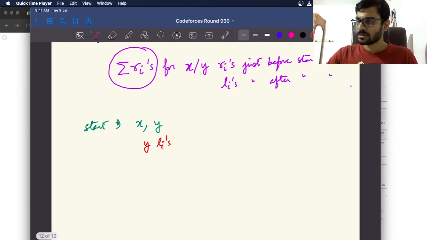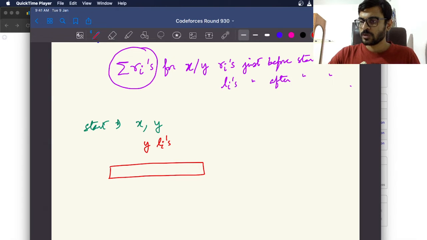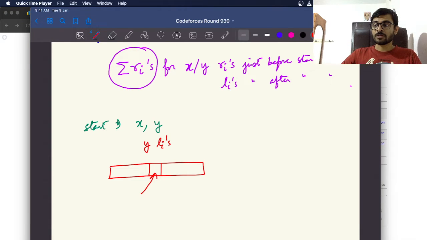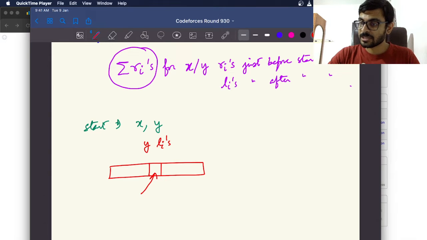So in the prefix sum, I have to find out in that array which location is the first location after my start index. Let's say this is that location which is the first Li after my start index. So start plus 1, start plus 2, whatever. Not all of the places have left pointers. Let's say this is the first one. What I'm interested in is from this j up to j plus y minus 1.